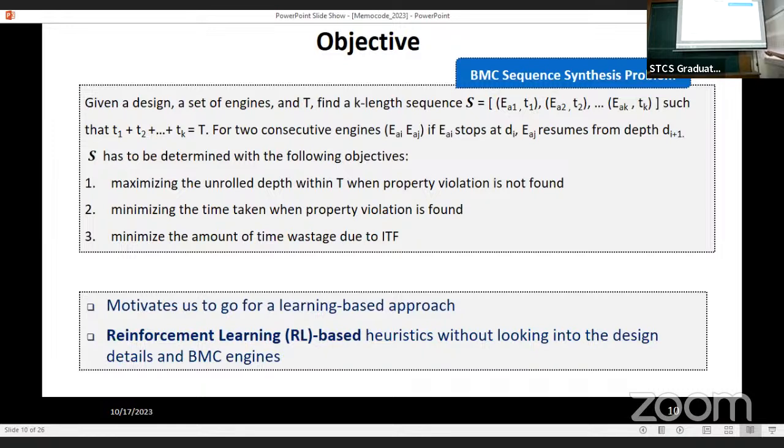So we started looking at these RL-based multi-armed bandit approaches, and there are so many variants. Specifically, there is a class of these MABs which are called associative. What we realized is that it is not the case that any engine is good at any level of the design. This is a function of the depth.